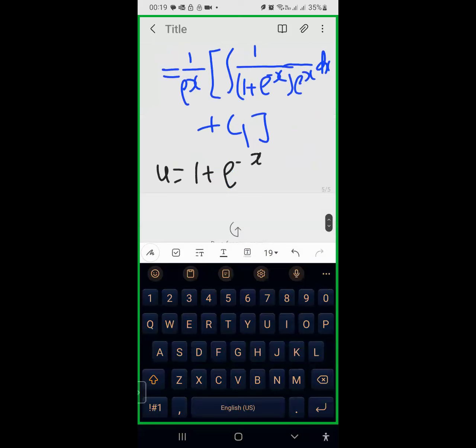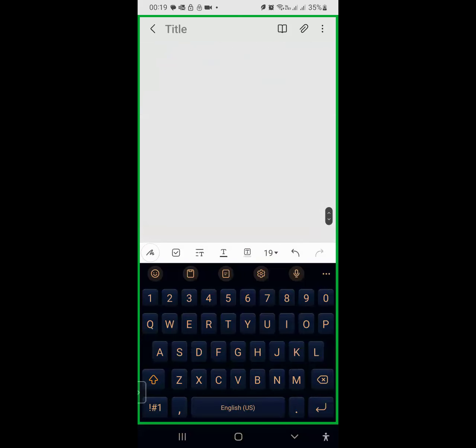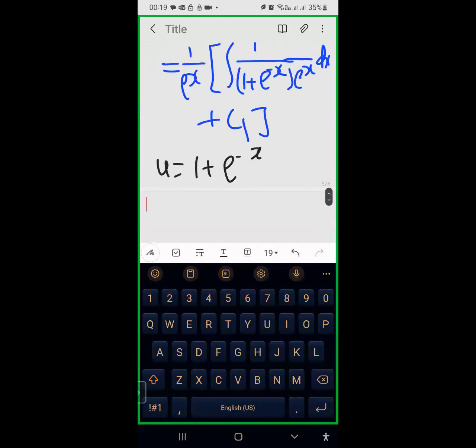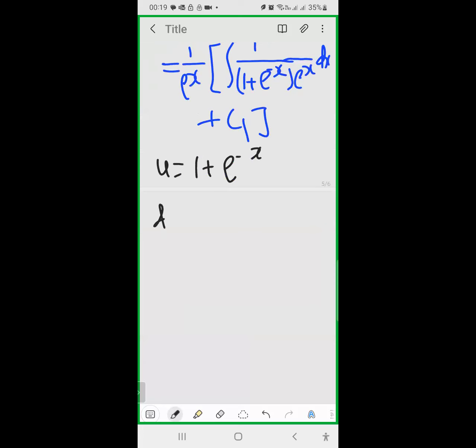Therefore, du will be given by minus e to the power minus x dx. As a result, dx will be given by minus 1 over e to the power minus x du. Now let's substitute.